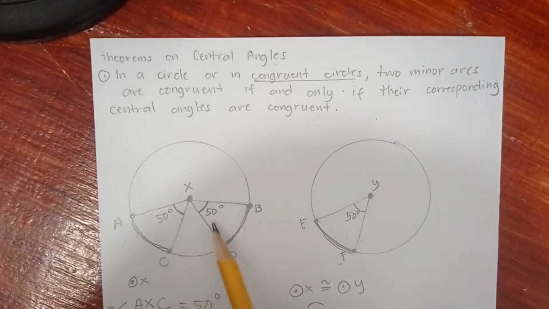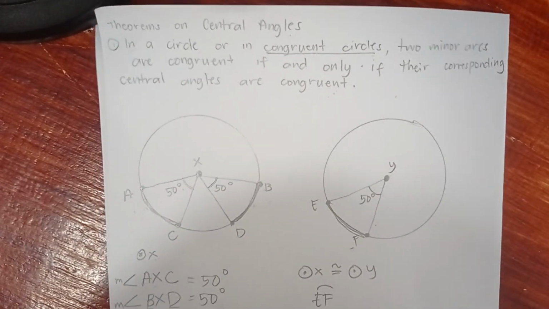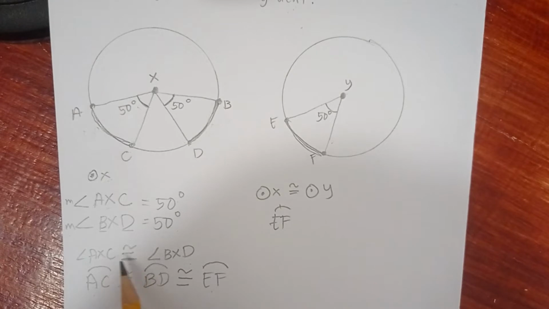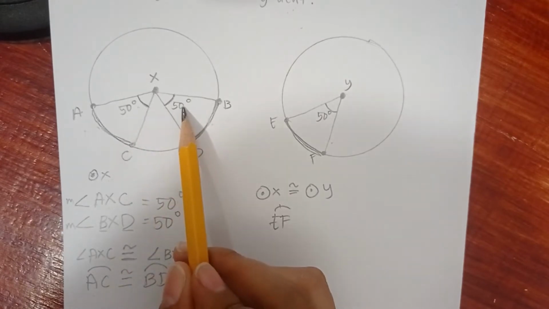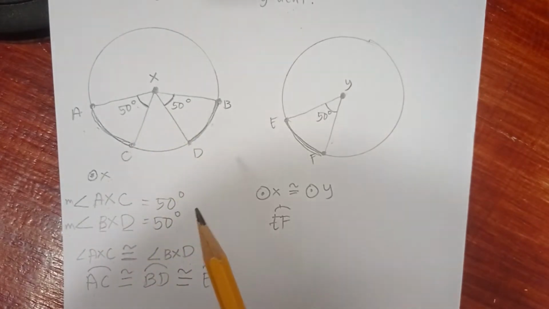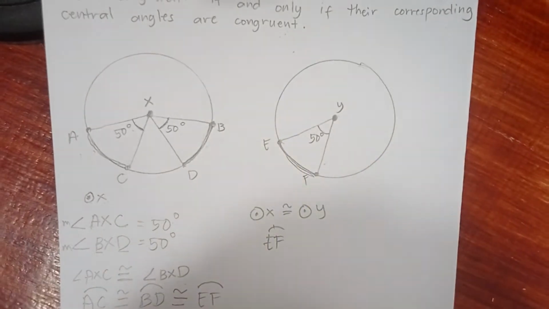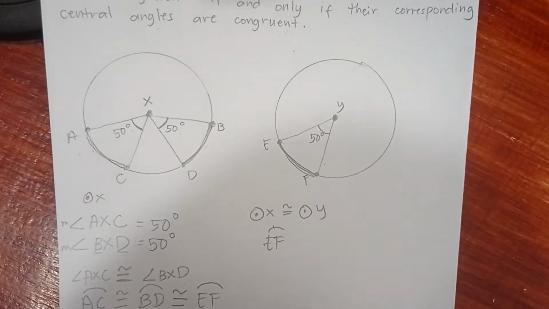So, dahil pareho silang 50 degrees, masasabi natin na angle AXC is congruent to angle BXD. Kasi, pareho ang kanilang measurement. So, dahil congruent na sila based sa theorem natin, therefore, their corresponding minor arcs or intercepted arcs are also congruent.